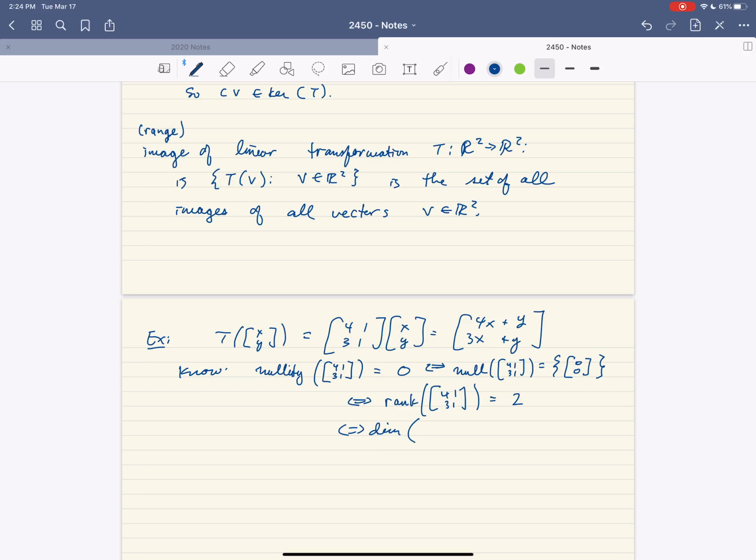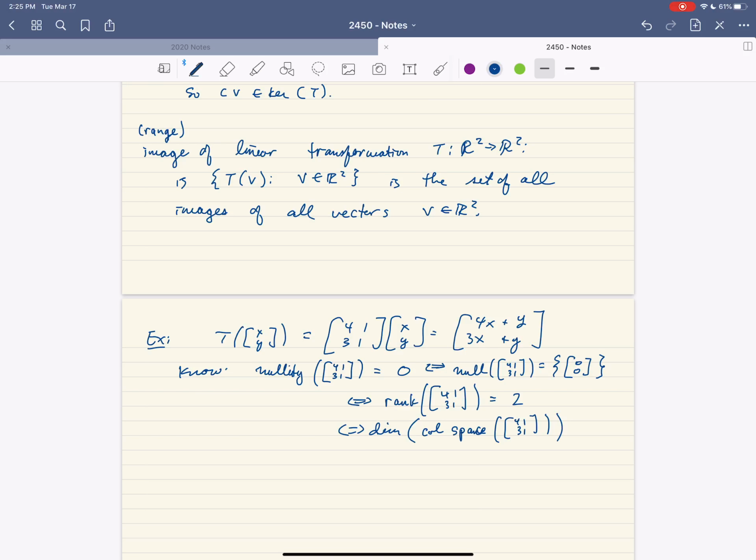It's not going to matter. Let's just talk about column space. This is the dimension of the column space of 4, 1, 3, 1. The rank is the dimension of the span of the columns. And we get all that from the determinant being non-zero.